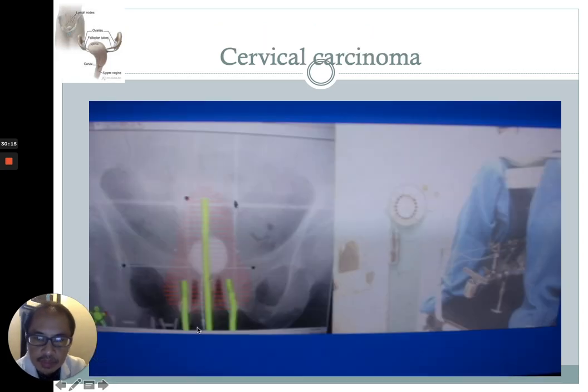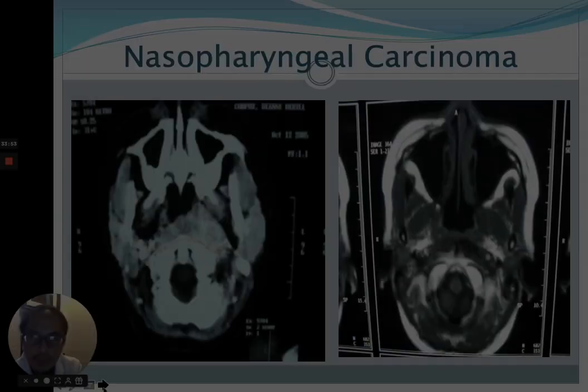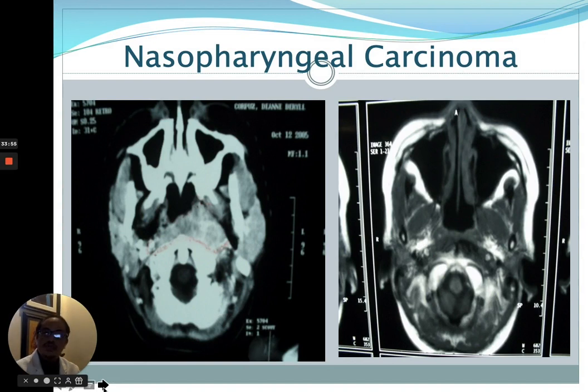So another example, these are the applicators that we placed inside the patient's uterus and vagina. And you have here the target, you have here the dose distribution. Another example is a nasopharyngeal carcinoma. The cancer is here at the back, the left side of the nasopharynx. So this is the nose area.